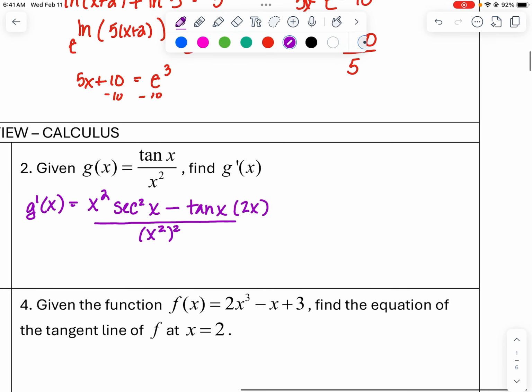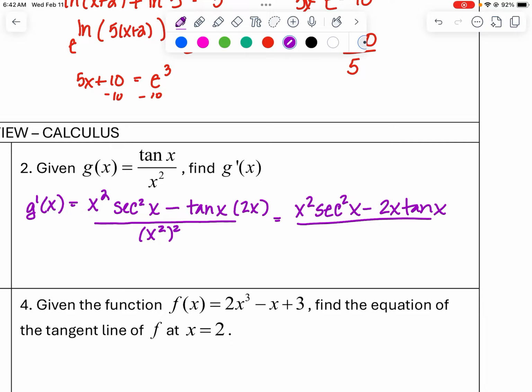And then again, if we want to simplify this, I'm going to rewrite it first. So x squared secant squared x minus 2x tangent x over x to the 4th. So we have two terms on top, one on the bottom, and they all have an x in it.